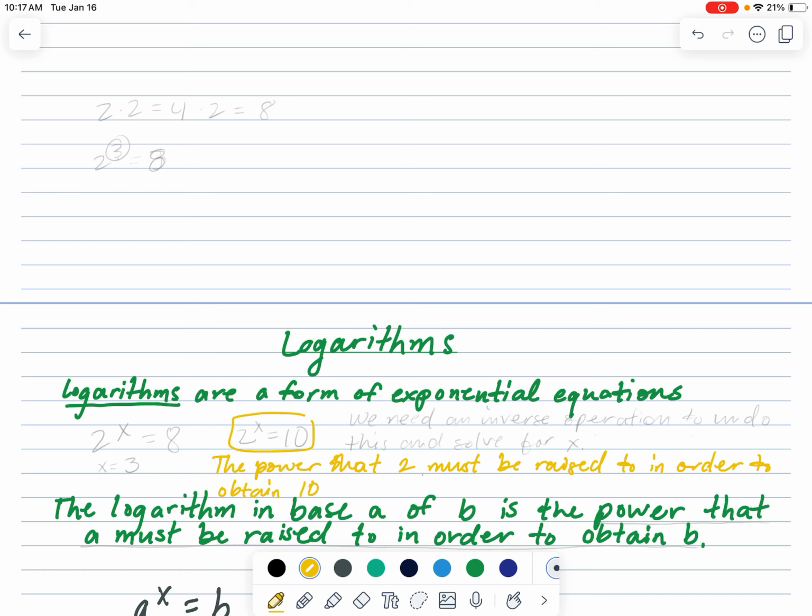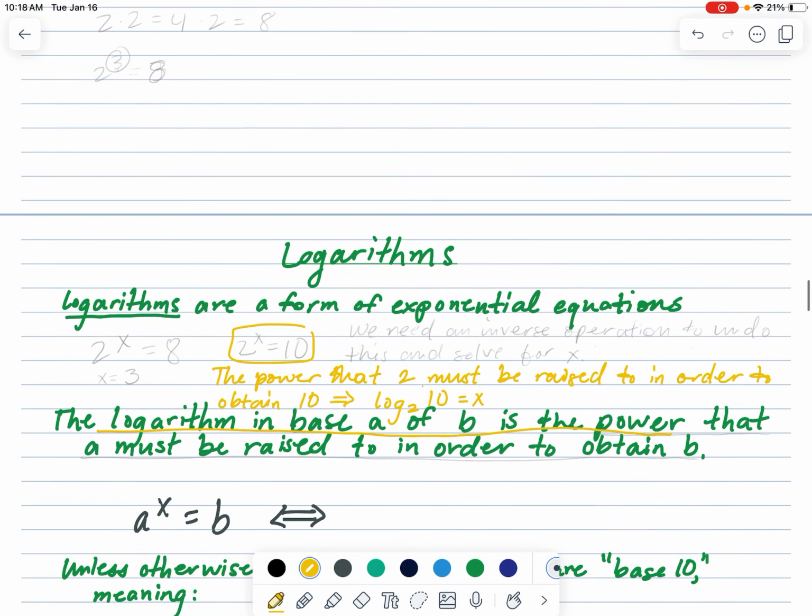That's what we need, and that's what a logarithm gives us. So that implies the logarithm in base a, or base 2, of b, or of 10, equals x. That's what this translates to.